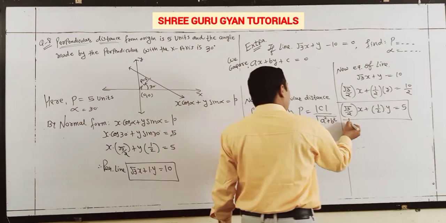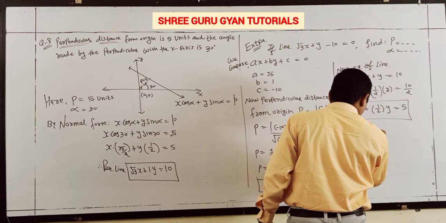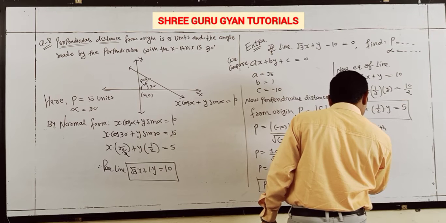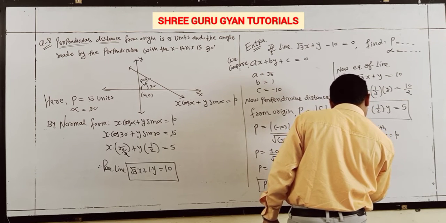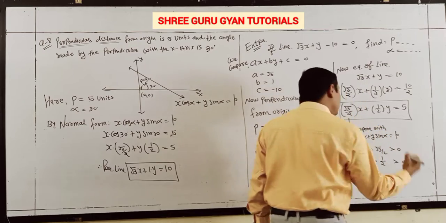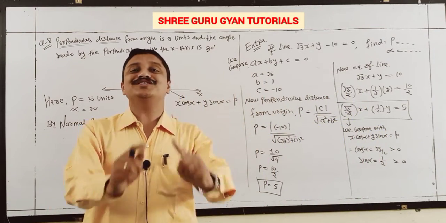You check, this equation is exactly comparable with the normal form. So here we compare with x cos alpha plus y sin alpha is equal to p. So students, what is cos alpha and what is sin alpha? You can simply check, both are positive, and both positive means you are in the first quadrant.